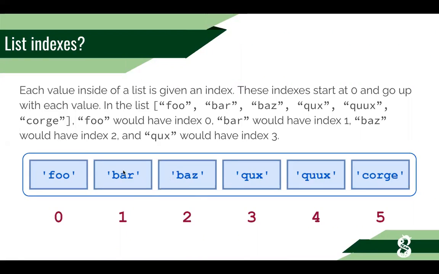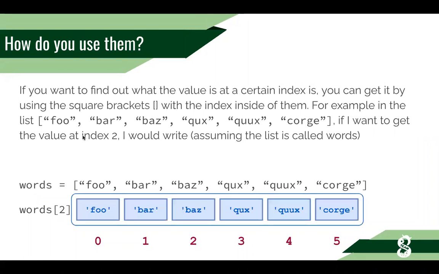So if you want the second element, it would be bar, because we start at 0. Now, you probably are not used to starting at 0 when talking about a list, but in most programming languages, not just Python, you start at 0.